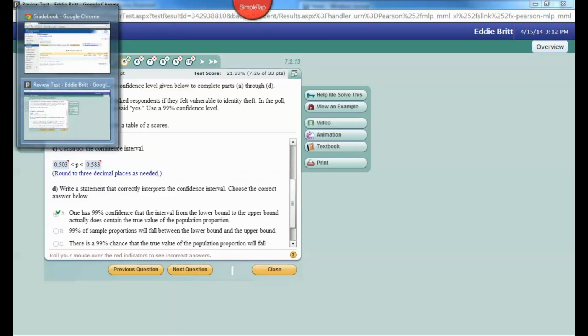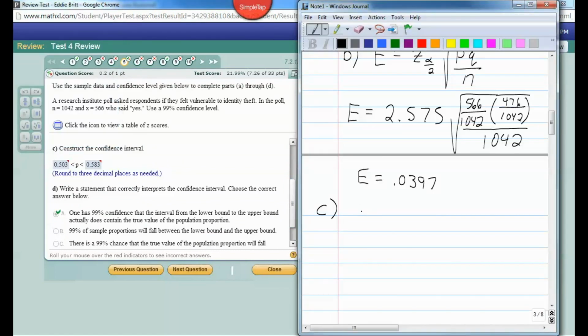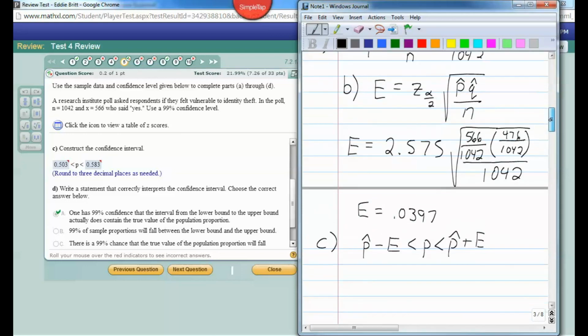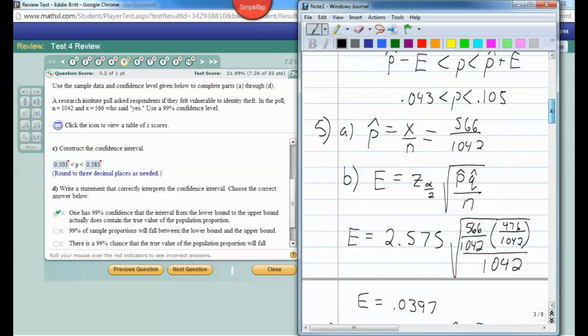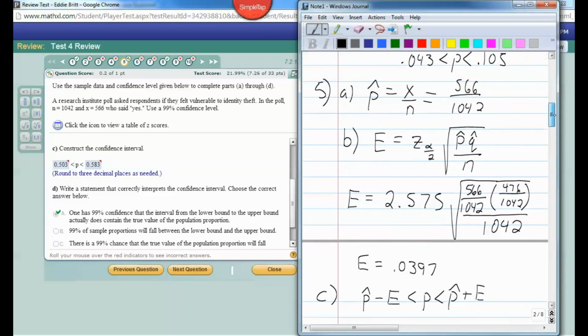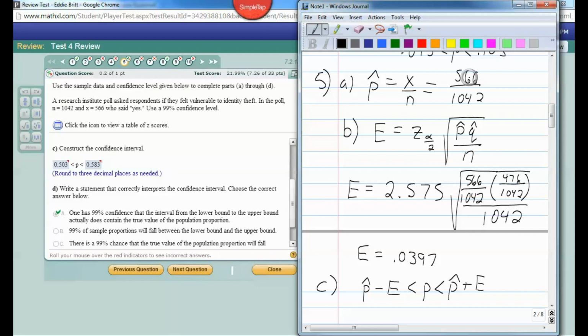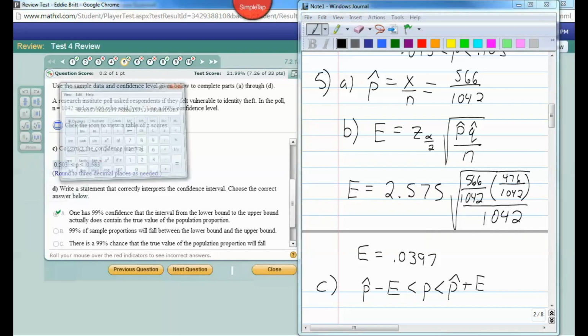To construct a confidence interval, we say p hat minus e is less than p is less than p hat plus e. Again, I really don't like plugging rounded values into the calculator, but I have to, since I figured out this margin of error, unless I save it in my calculator.